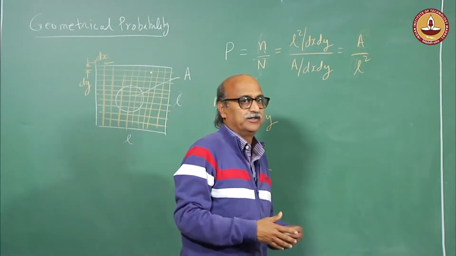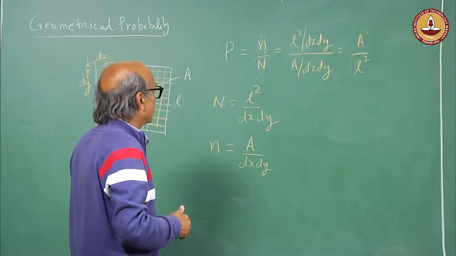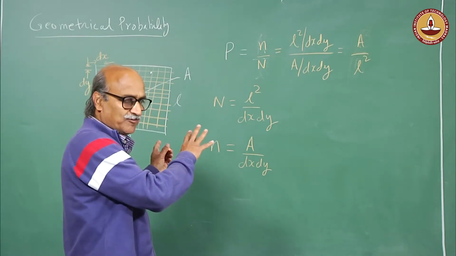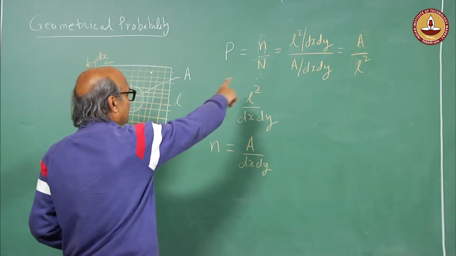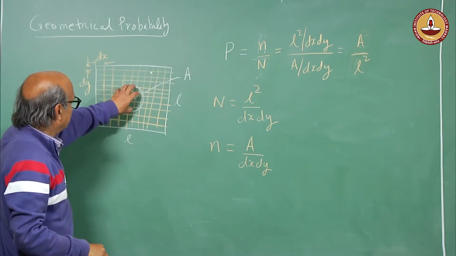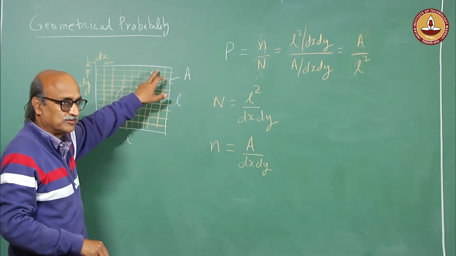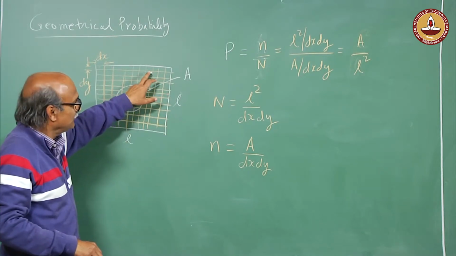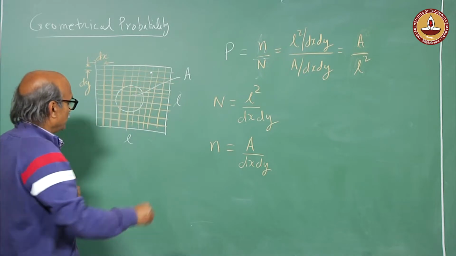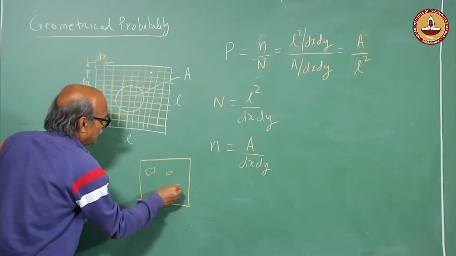Now, let me pose a different problem. So, this is one problem, and in fact, this particular solution that we have seen, that the probability is the area of this object divided by the area of this space, would also be true if I had not just one element, but I had several elements.